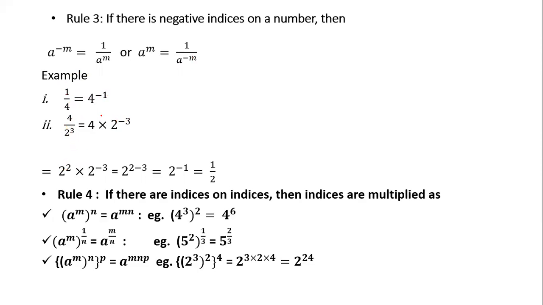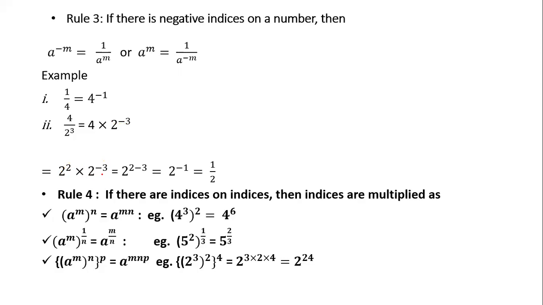So with this, we now have 4 here and 2 here. So you can express 4 as 2 power 2 times 2 power negative 3. This time around, we can apply the multiplication law instead of the division law, and we get the same thing.